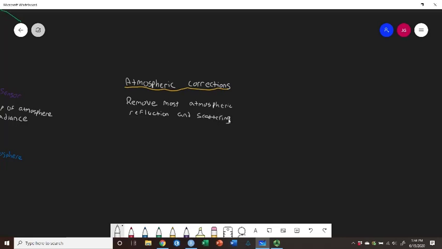I don't expect you to understand specifically how to do atmospheric corrections, but just understand that this is one of the things we can do to do better than top of atmosphere radiance, by removing most of that atmospheric reflection and scattering.